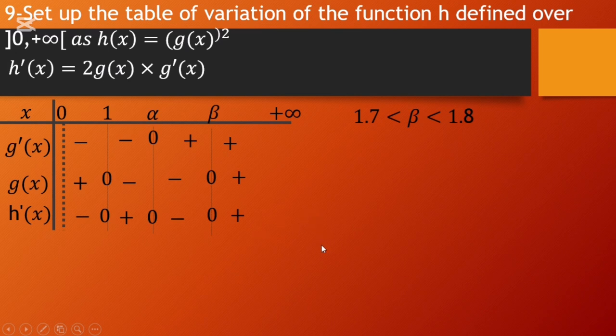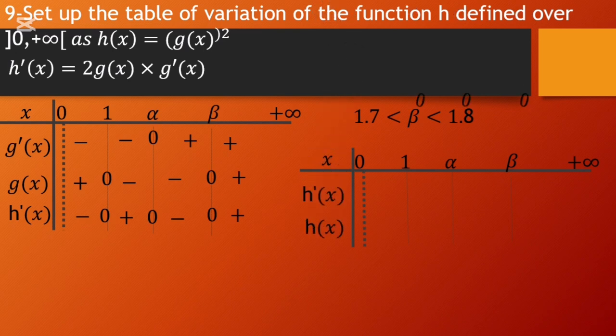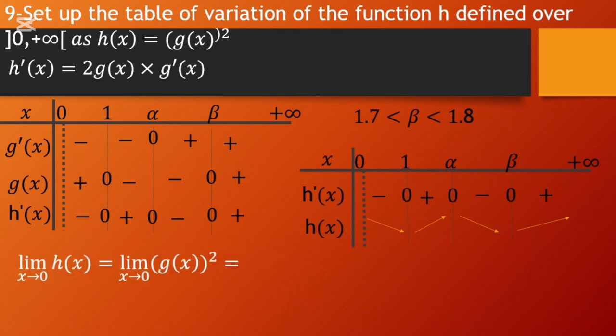Now we are going to set up the table of variation of the function h. Limit h of x as x goes to 0. As x goes to 0, g of x goes to what? To plus infinity, square plus infinity.